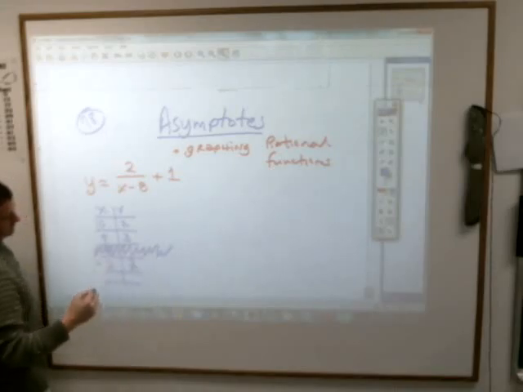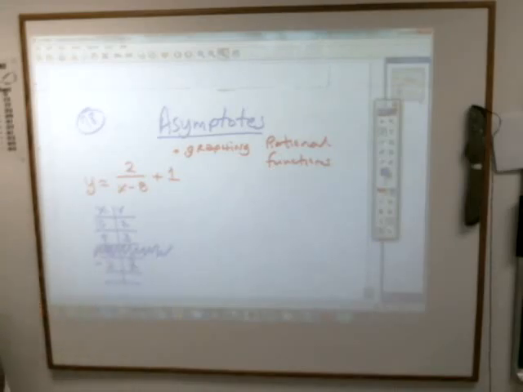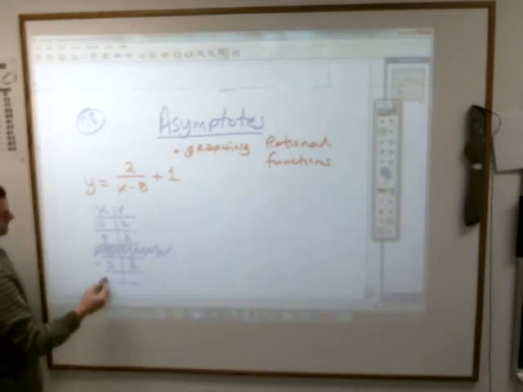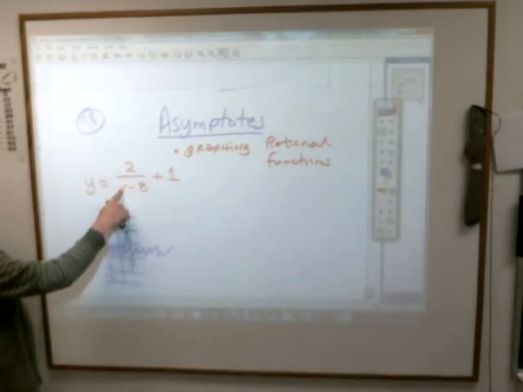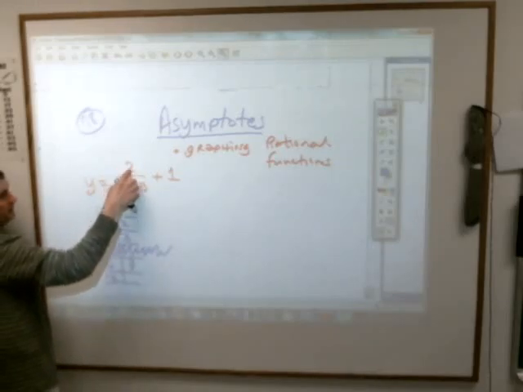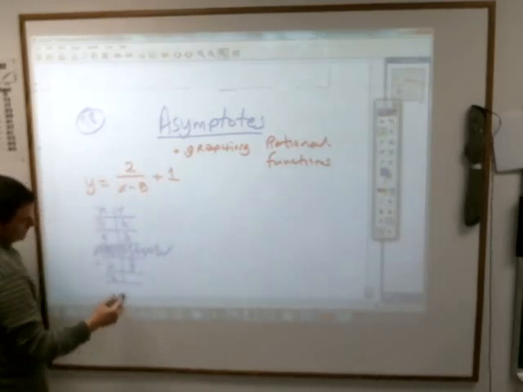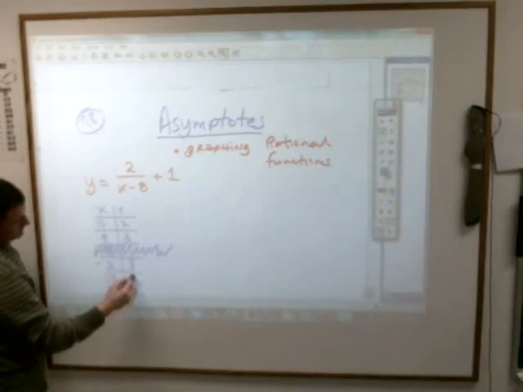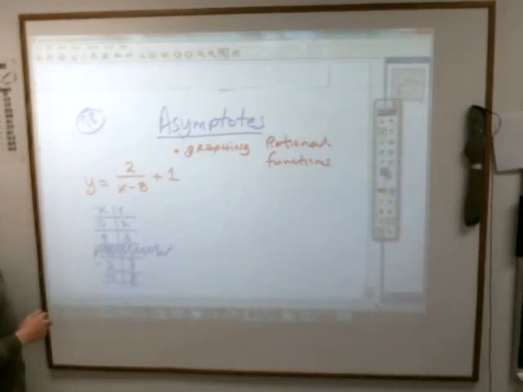We can deal with some fractions. Let's do -4. If you did -4 here, you get -12, so you get -1/6 plus 1, which is 5/6.